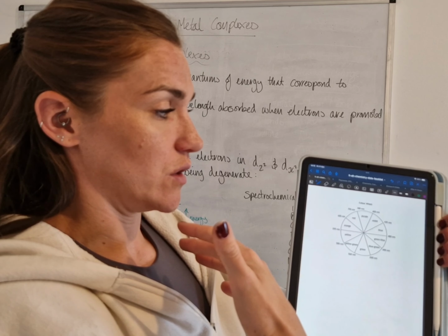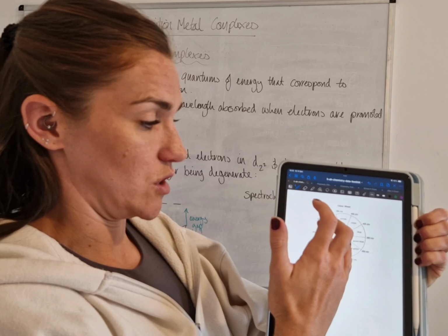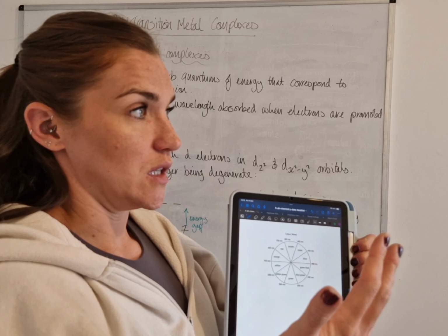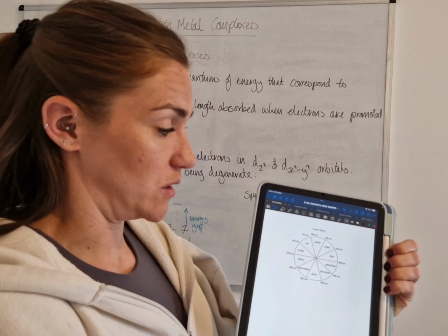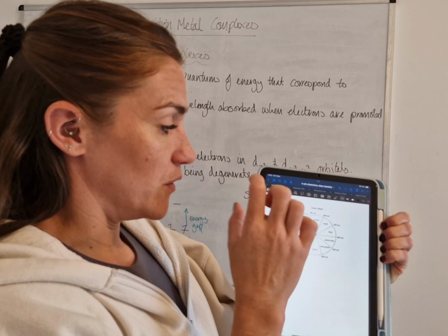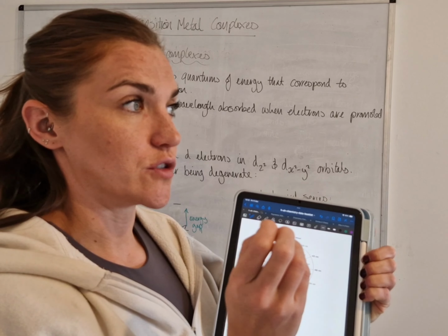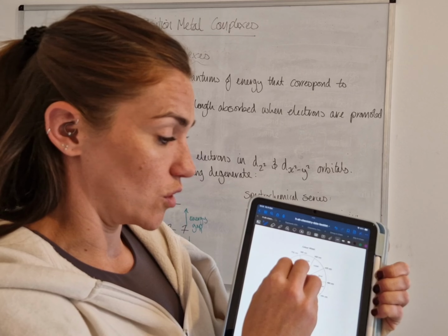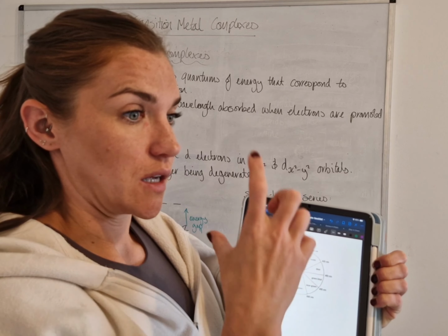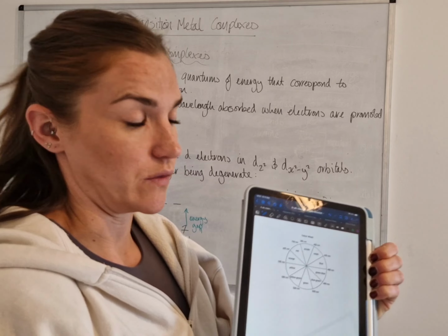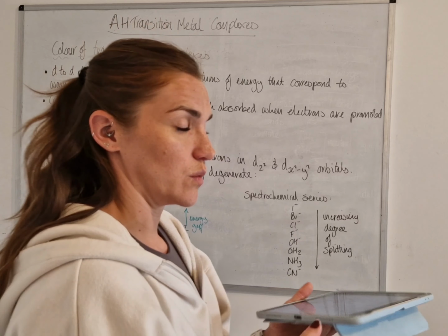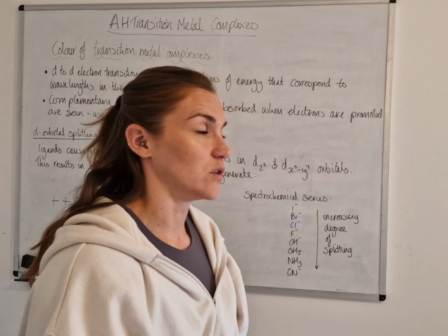And then we could calculate the energy of that electron transition by using our E equals hc over lambda equation. So the reason that you are seeing the colour is because there's a wavelength of light being absorbed that is an energy difference that corresponds to that wavelength within the visible region. So the wavelength is just related to the energy.